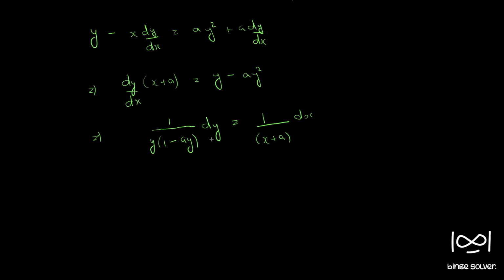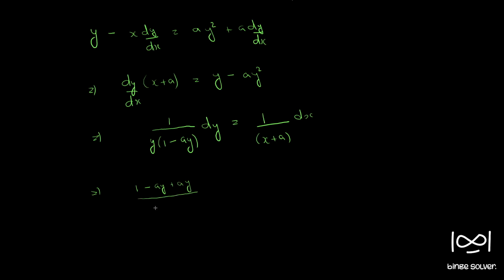Now we can integrate. Before integration, let's simplify this. This is not proper. So to split these terms, we can write the numerator as 1 minus ay plus ay. So this becomes 1.